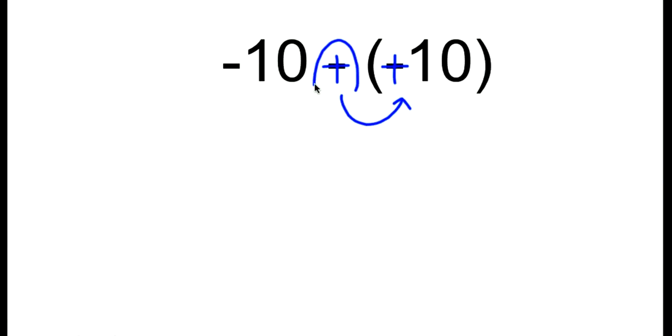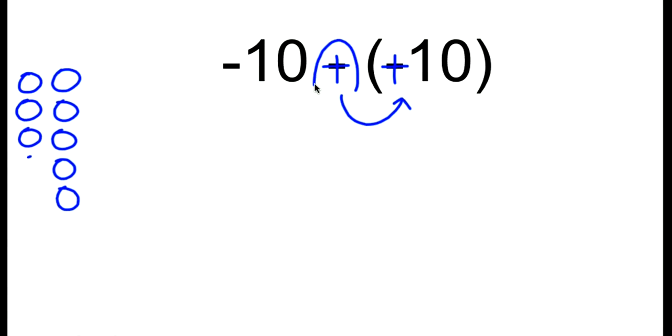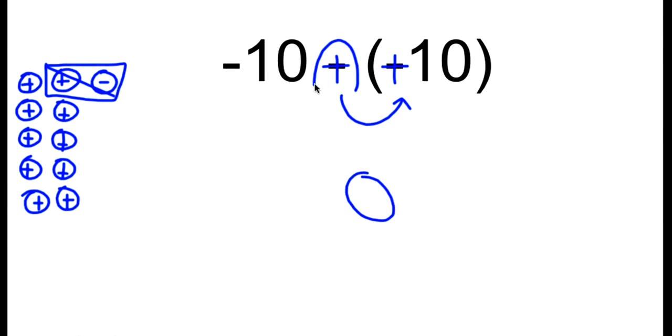So if 10 people fight 10 people, and based on our zero product property, all of our guys are going to cancel out because one positive with one negative cancels. So our answer is going to be 0. We're going to have 0 people still alive after a zero product property cancels them out.